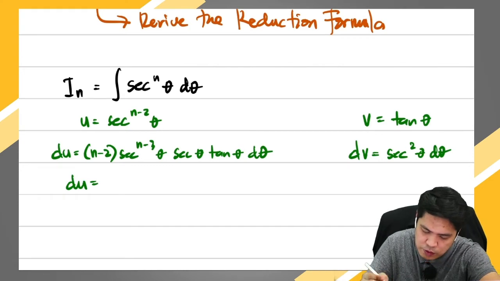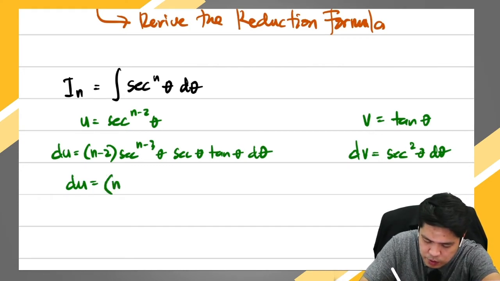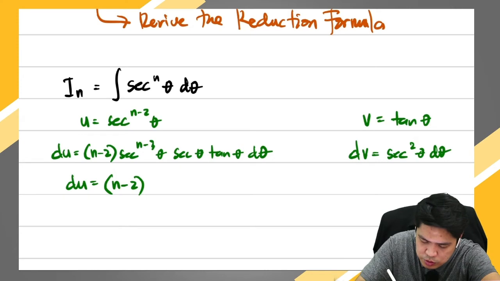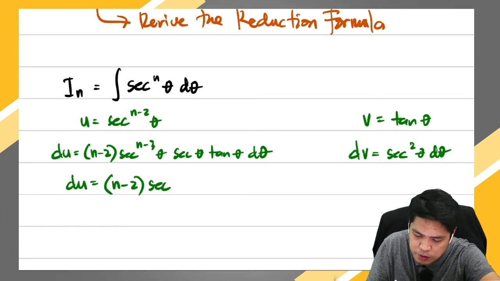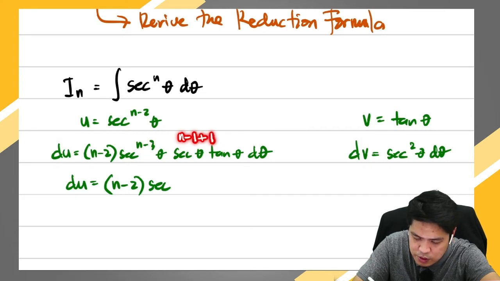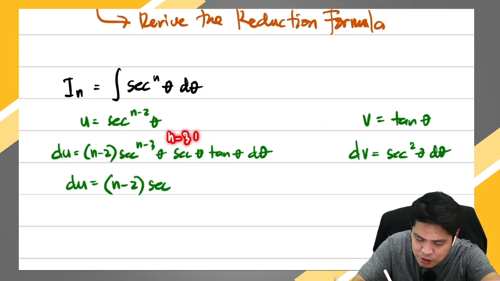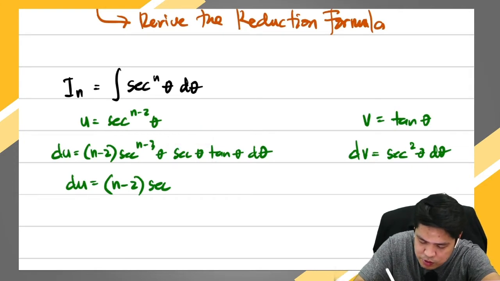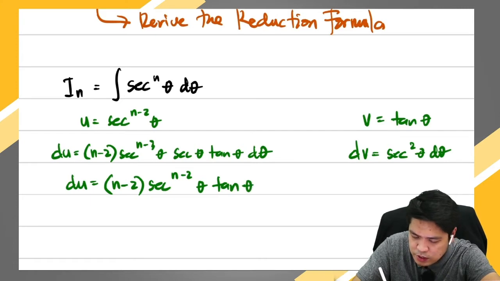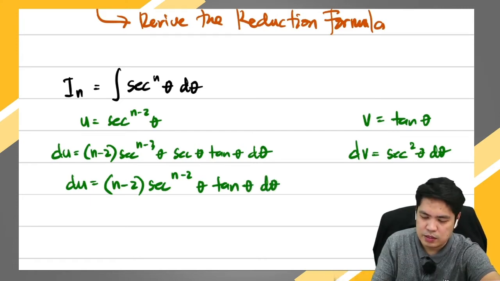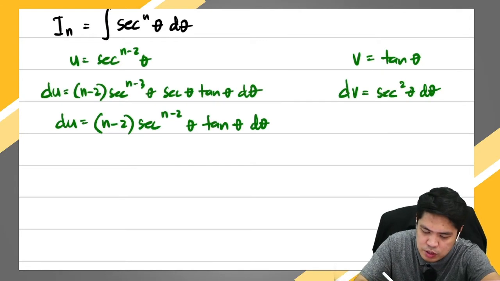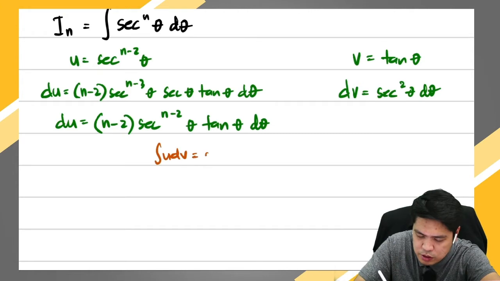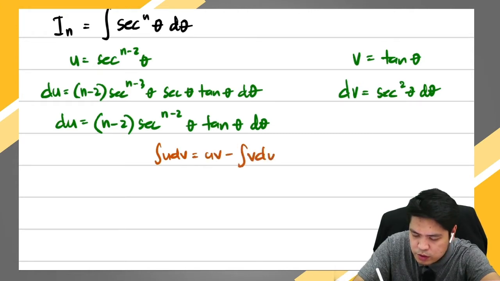So if we simplify that, that would become n minus 2 secant. Okay, what will happen here if we multiply this? That would be n minus 3 plus 1. So n minus 2 pa rin. So n minus 2 theta tangent theta d theta. Okay, now we know that the integral of u dv is equal to uv minus integral of v du.